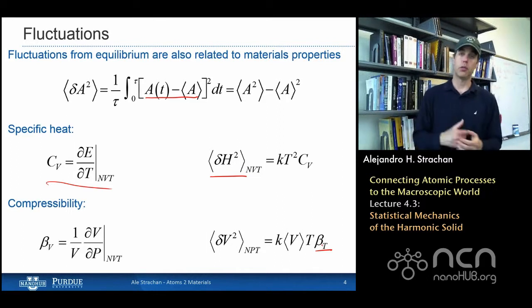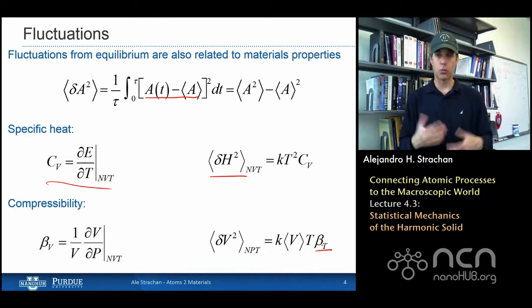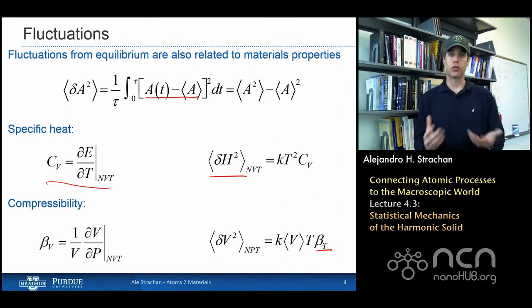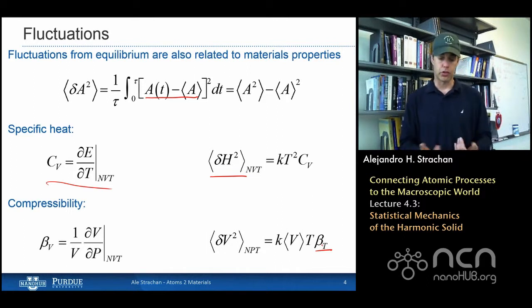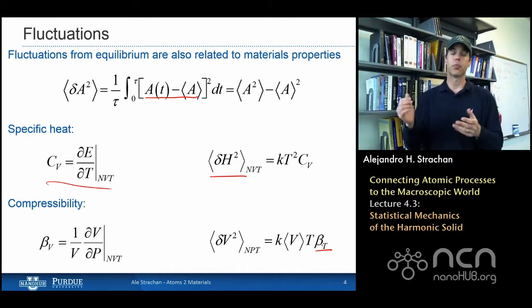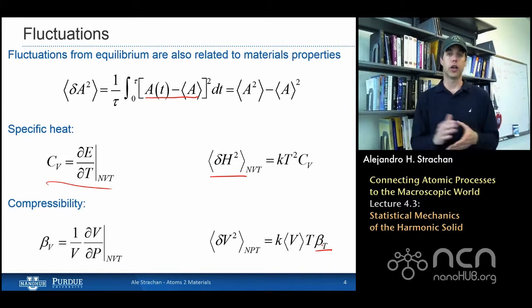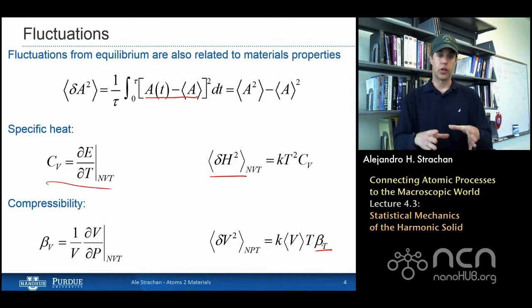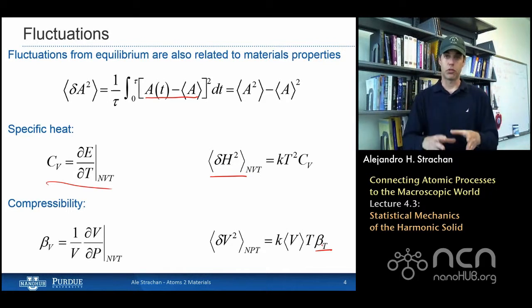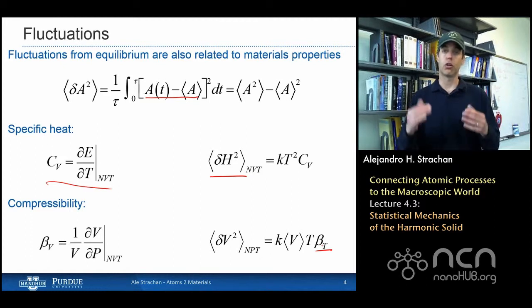Very incompressible systems will fluctuate very little in volume, and very compressible systems will have volumes that fluctuate very significantly. The other important thing that one can learn from these expressions of fluctuations is that the fluctuations go down as the systems become bigger. As the number of atoms of the system becomes bigger, the fluctuations decrease with 1 over the square root of the number of atoms.